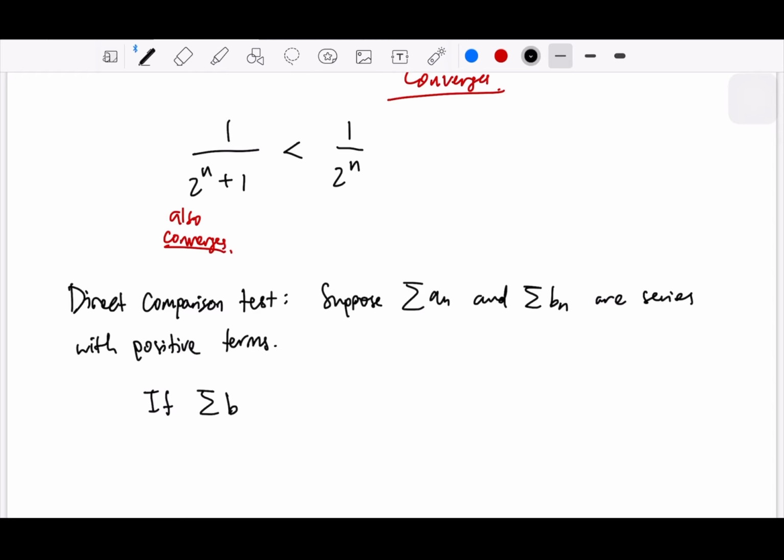If the series of Bn is convergent and An is less than or equal to Bn, then the series of An converges. And if Bn is divergent and An is greater than or equal to Bn, then An will diverge.